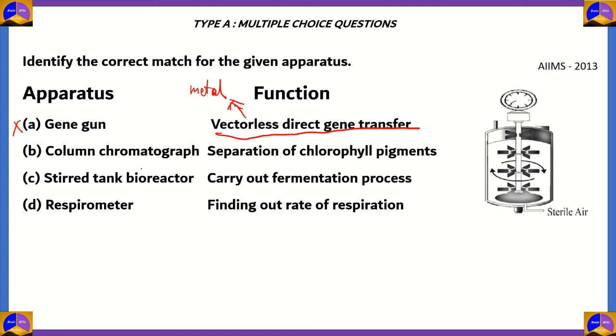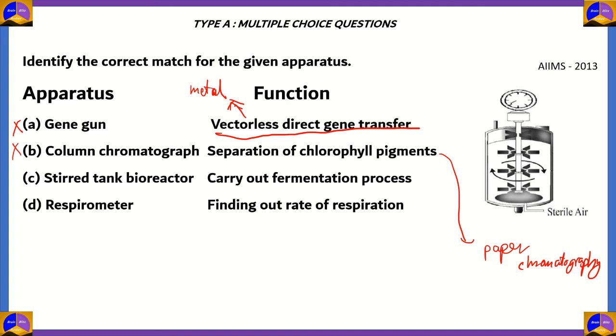If you look at option B, column chromatography, separation of chlorophyll pigments. This is incorrect because the separation of chlorophyll pigments was a result of paper chromatography and not column chromatography. Column chromatography is especially used to isolate one single chemical compound from a mixture.